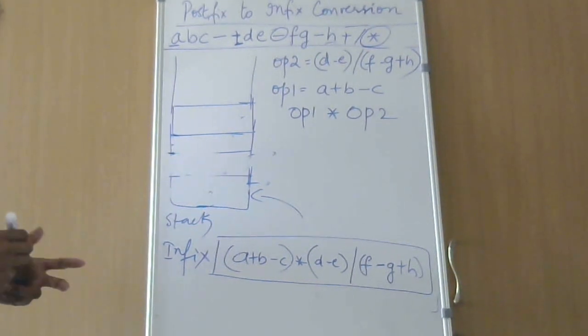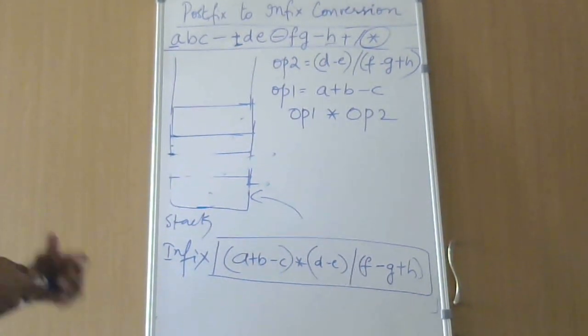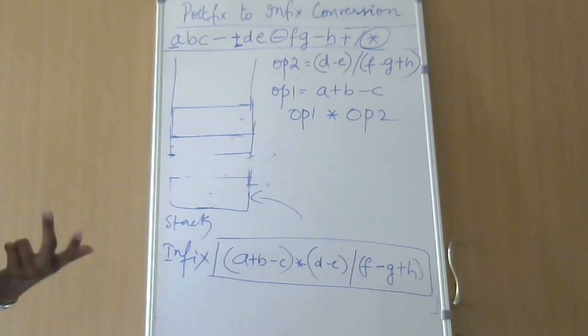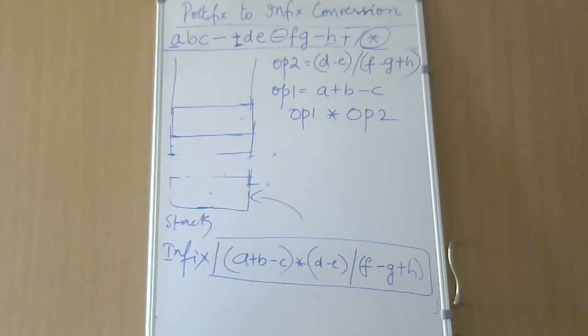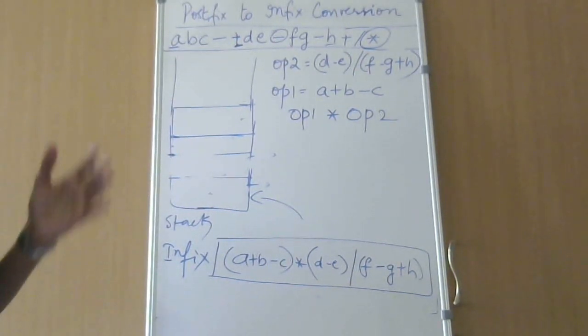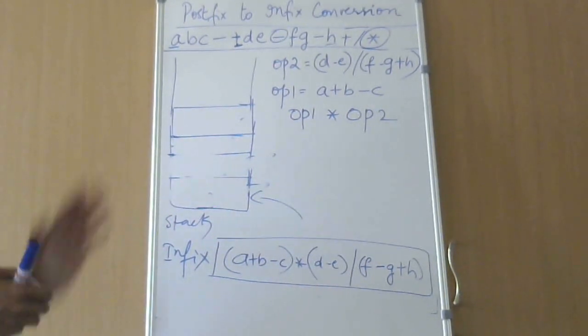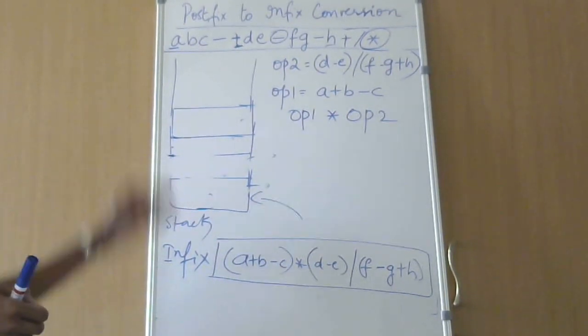So this is how we convert postfix to infix. If you observe, postfix to infix and postfix evaluation, both have the same steps, correct? But there we evaluated, so we had all the digits and wanted the final answer. But here it is only an expression, but the steps are the same. If it is an operand, push it onto the stack.